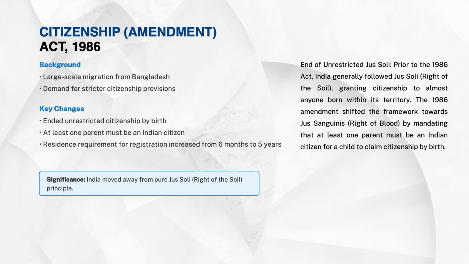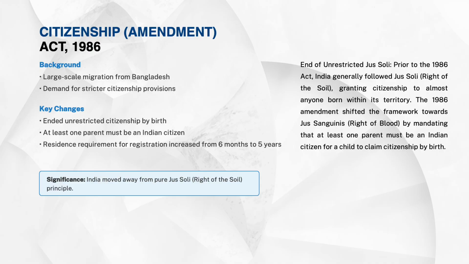So what we're going to discuss here has already been added in the 1955 Act, okay? But we will have a look at what changes were made to the 1955 Act in 1986. Citizenship Act 1955 is the core act of Indian citizenship, and any amendments after only make changes to it.